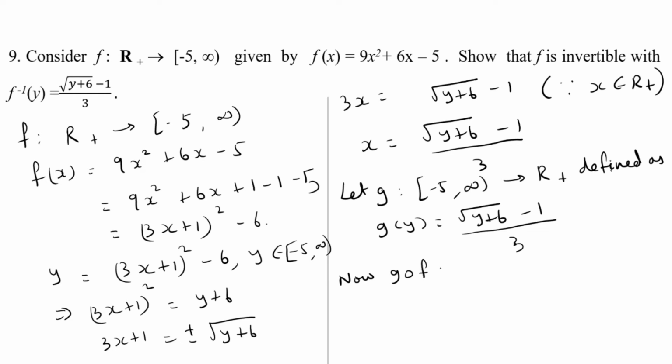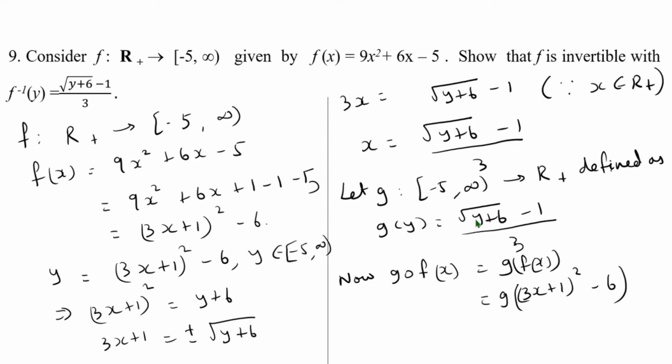So for that, let us find g of f of x. Here we got f(x) as (3x+1)² − 6. So g of (3x+1)² − 6. We have defined g(y) as (√(y+6) − 1)/3.